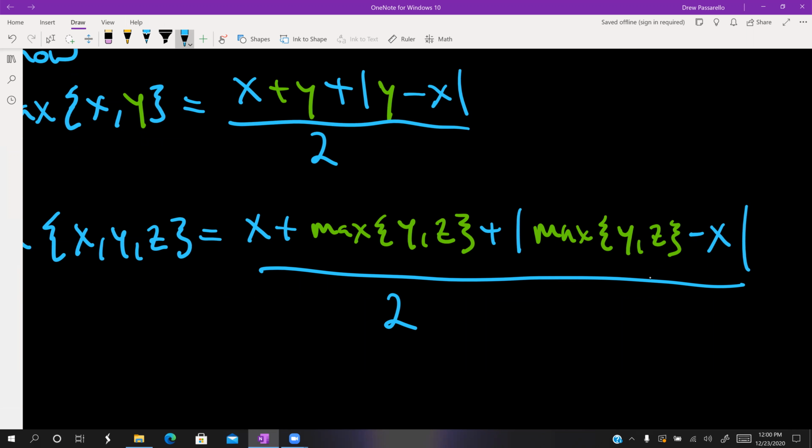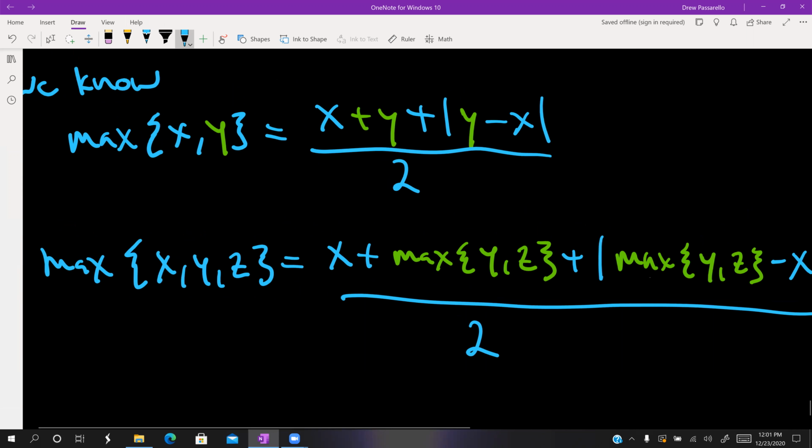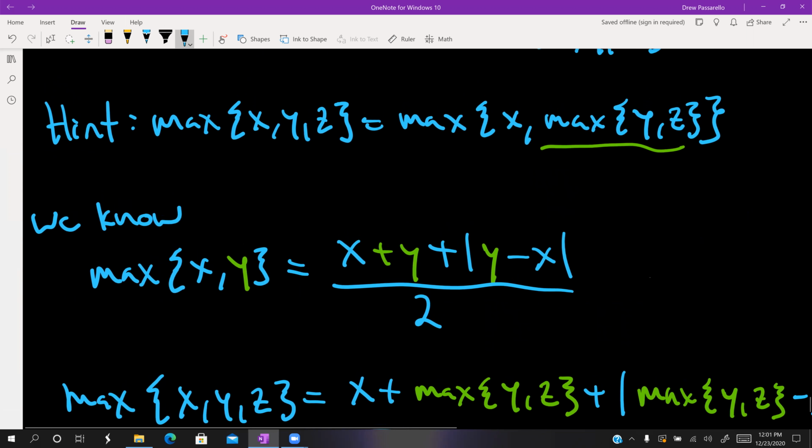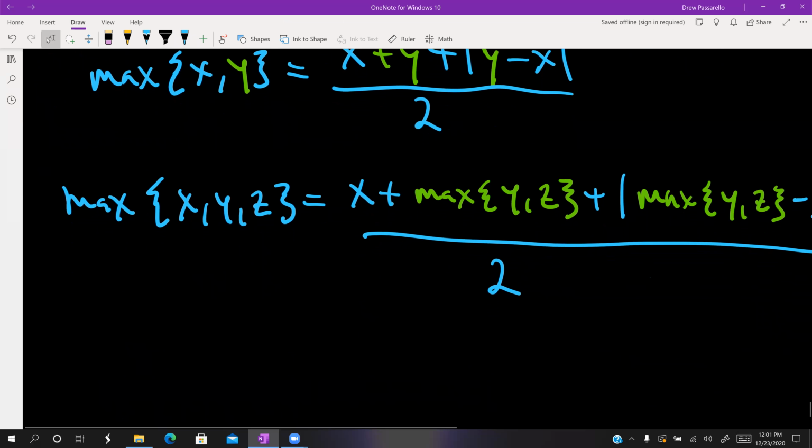Because we narrow it down to 2 elements. Whenever we have max of x, y, and z, it's the same as the max of x, with the other element being the max of y and z itself. And then that element of max y and z is what I put in the spot for the second element y. And that's the formula.